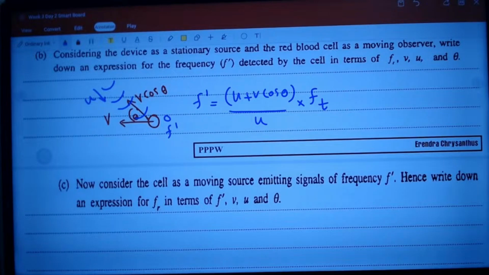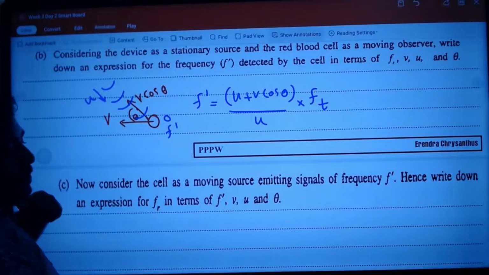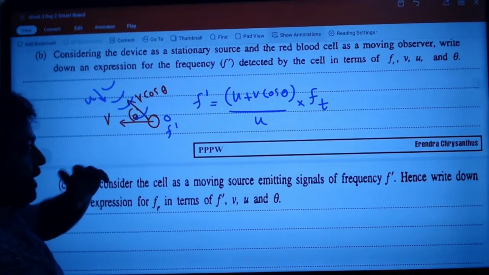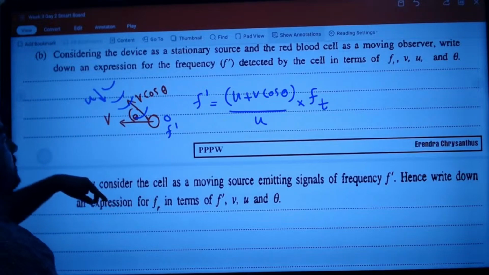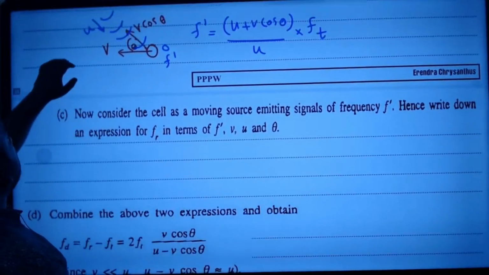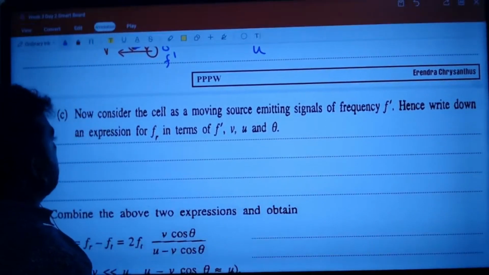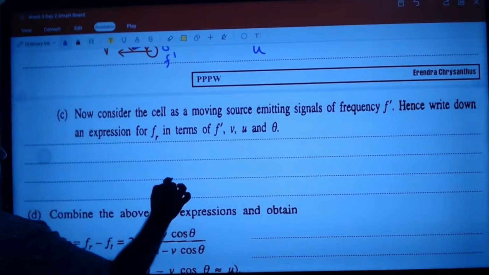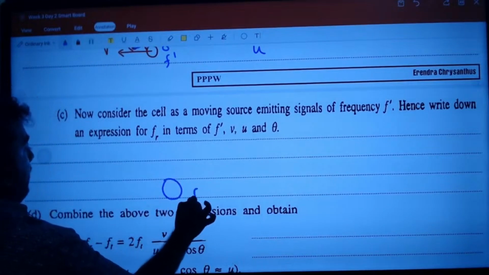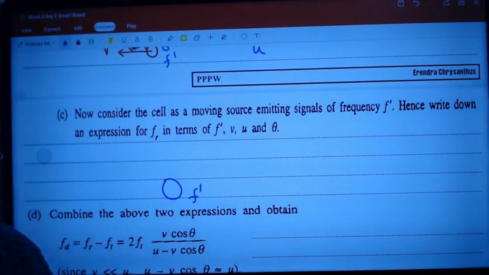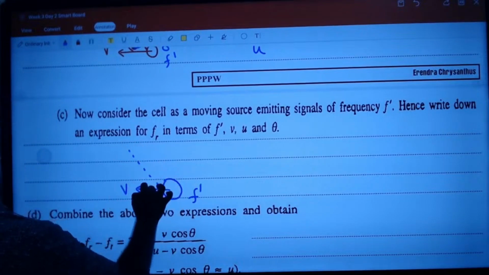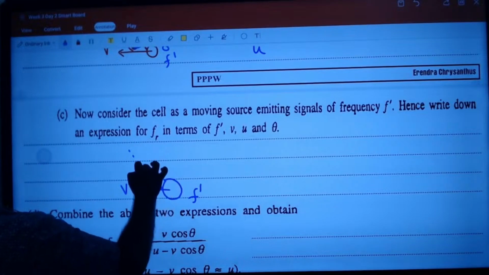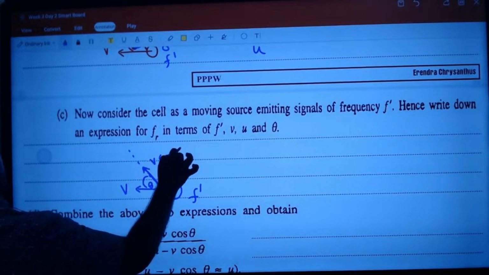Okay. Right. Now consider the cell. I have taught this in the Doppler effect. Even when reflection occurs, the cell will act initially like a temporary observer, then like a temporary source. Simple. But let me draw this, very important. Now the cell will start reflecting whatever it got, f dash. Here there is a component V cos theta.